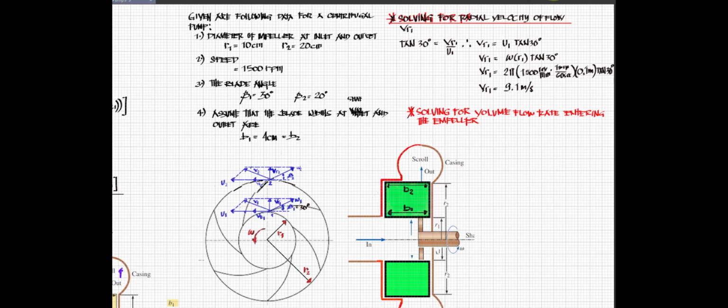Next, we'll solve for the volume flow rate entering the impeller. We have your equation for the volume flow rate, Q, which is equal to 2 pi times radius 1 at the inlet, times the thickness of the blade at point 1, times the flow velocity at the inlet, VR1. We can directly substitute the values.